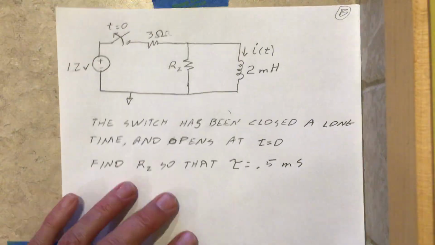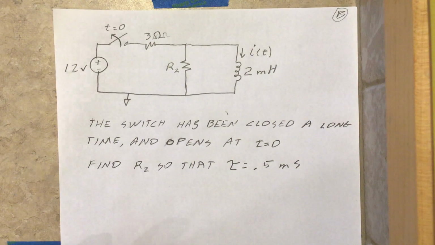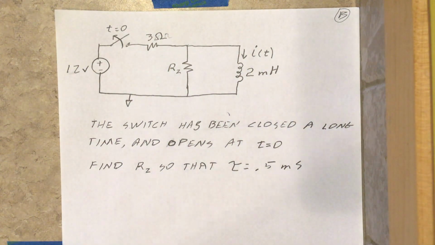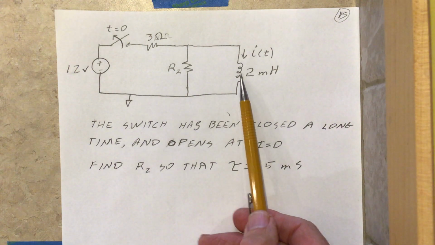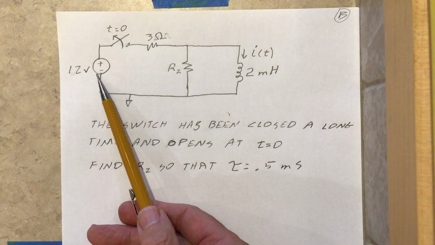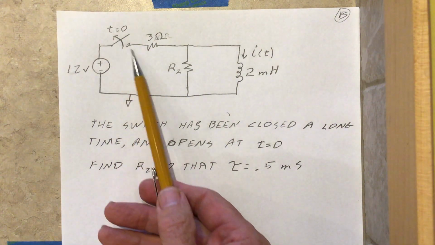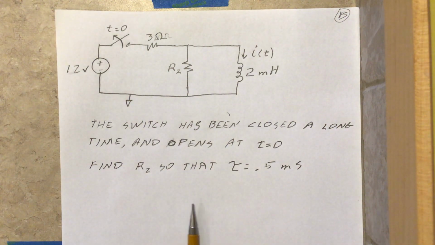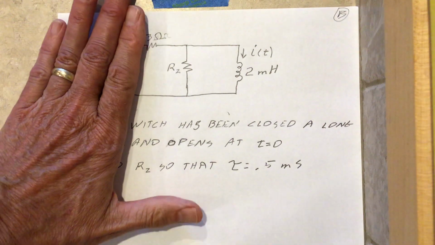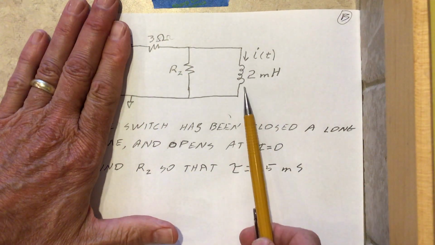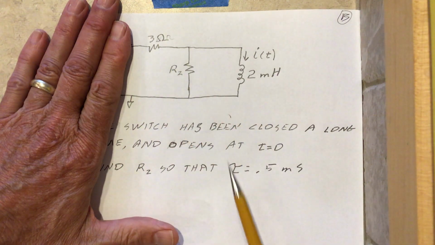Let's look at an RL circuit. Here we have a sample. We have a couple of resistors. We have an inductor. We have a power supply and a switch that opens at time 0. Notice that once the switch is opened, we'll just have inductor and resistors.